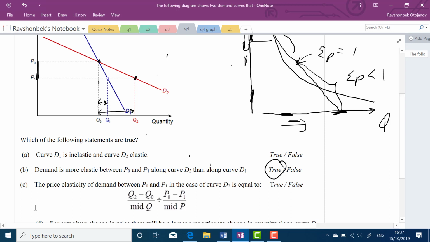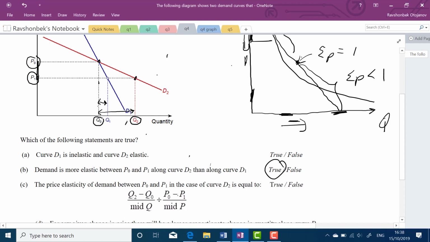You can't have Q2 minus Q0. So let's look at along D2, yeah? The P0 and P1 is the same for both, but we're looking at Q2. Now the change in quantity is then this and this. So you have Q2 minus Q0 over Q0, divided by P0 minus P1.